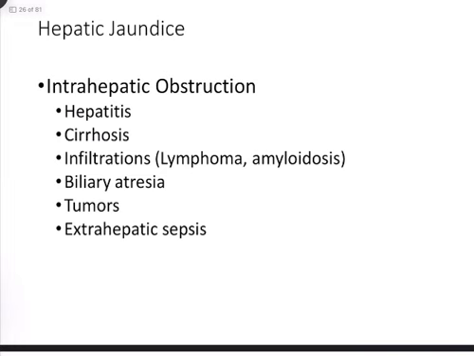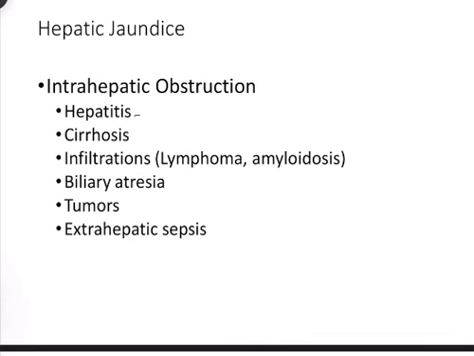Then intrahepatic obstruction. This is caused by hepatitis, cirrhosis, infiltration such as lymphoma or amyloidosis, biliary atresia, tumor, or extrahepatic sepsis. So in intrahepatic obstruction, the sinusoids, the canaliculi, and the bile ducts are being obstructed. How?